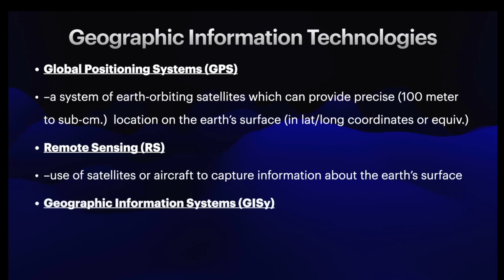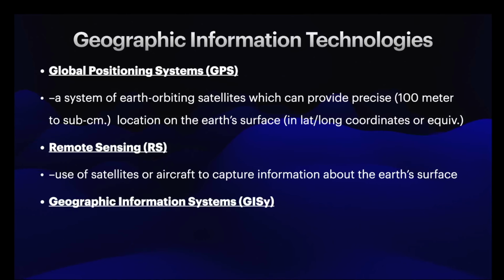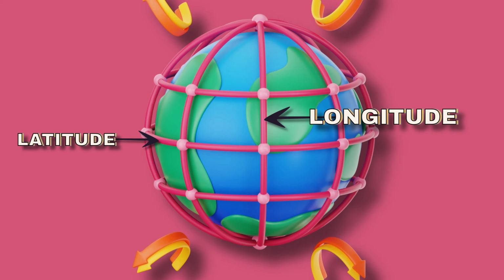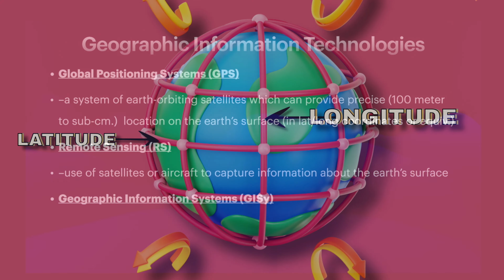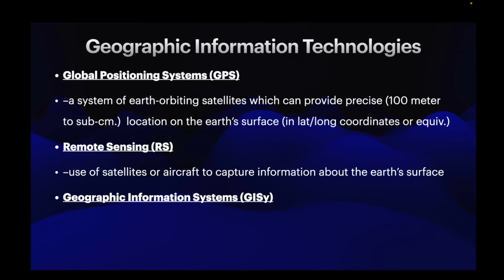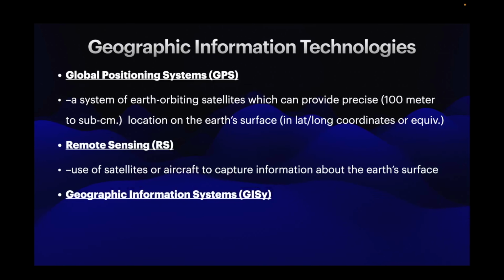Global positioning system, GPS, that we talked about in the previous part, basically provides coordinates, that is x and y, which is latitude and longitude. These coordinates provide the precise location of any object or any place on earth, within 100 meters to sub-centimeter precision. Remote sensing satellites are used to capture images of the earth's surface.